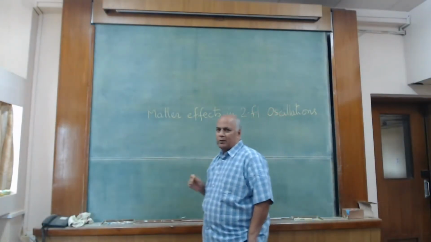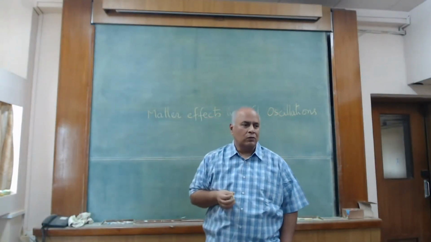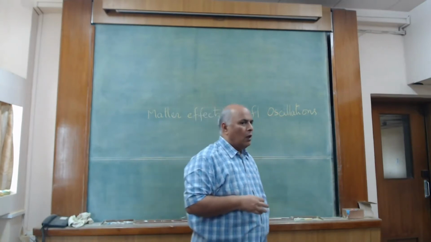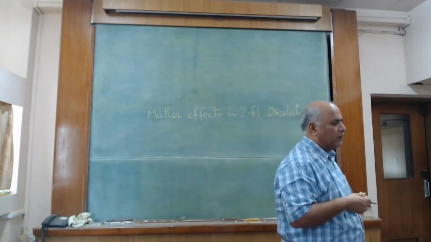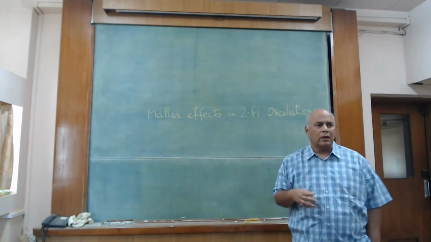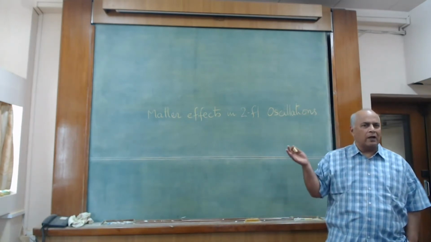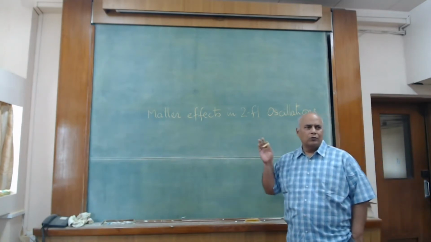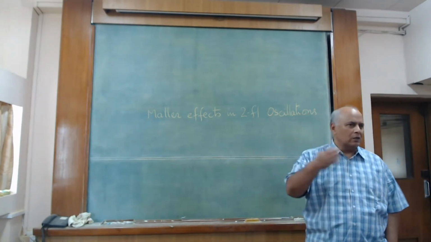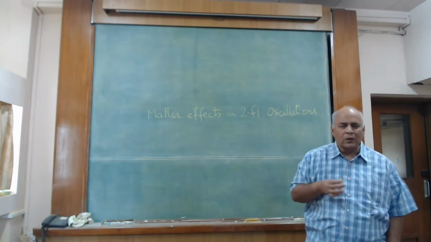So I will discuss matter effects in two flavor oscillations. And I mentioned in the last class that the matter effects arise due to elastic scattering of neutrinos with particles in ordinary matter.